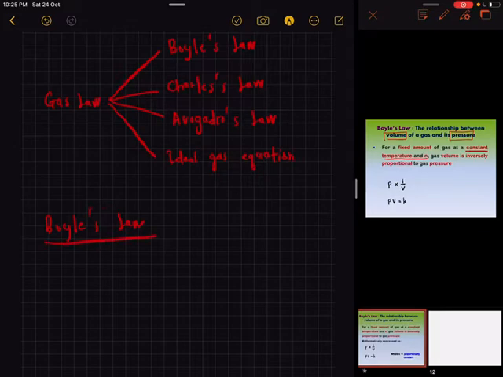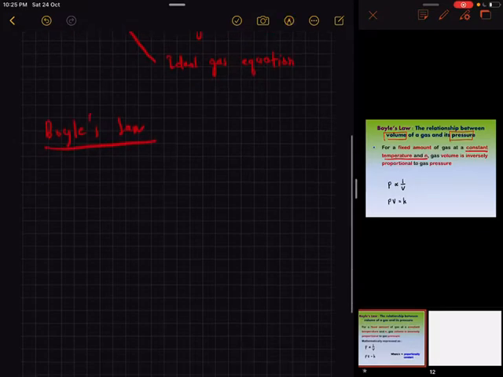Boyle's law records the relationship between pressure and volume of the gas, di mana pressure is directly proportional to 1 over V, or in other words, pressure is inversely proportional to the volume.